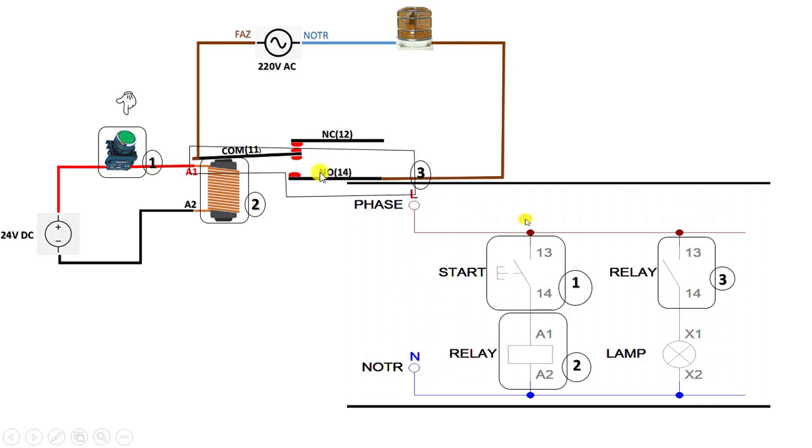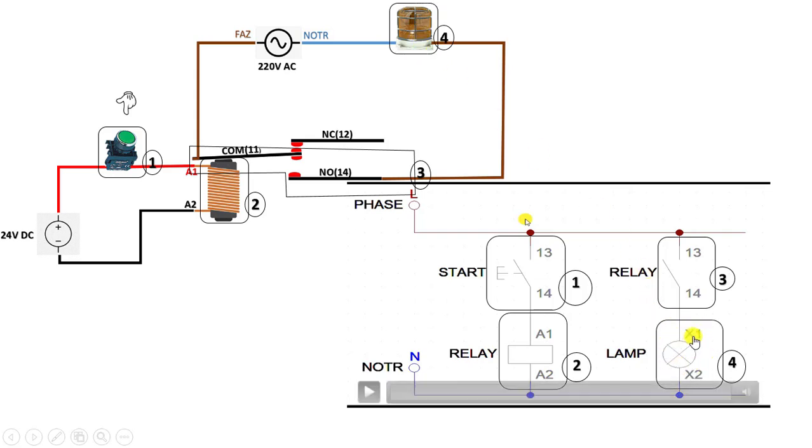This is clearly symbolized in the circuit drawing. Then we have the load connected in series to the open contact. This is the product we want to control. We also switch on our load. We show it this way with the symbol.